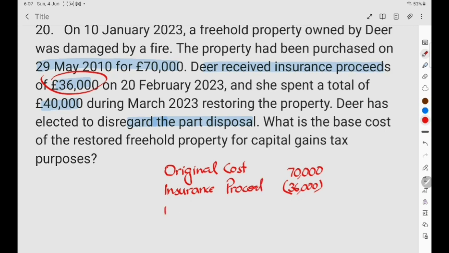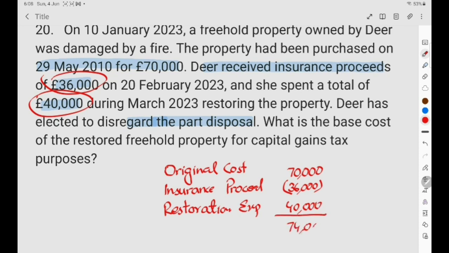And then restoration expenses would be added. And restoration expenses are 40,000. So now the base cost would be 74,000.